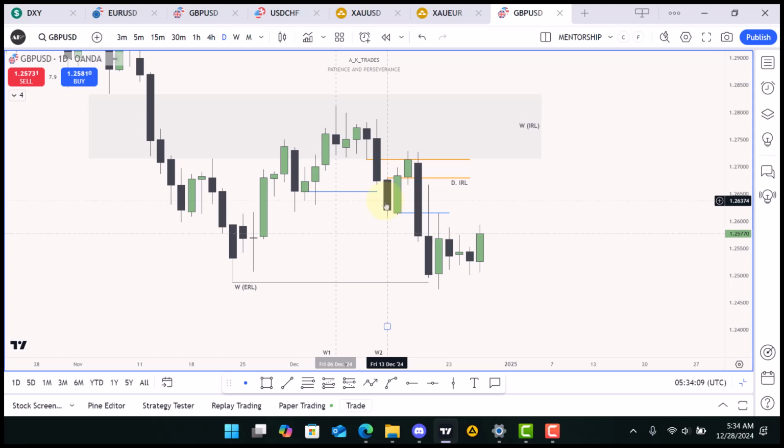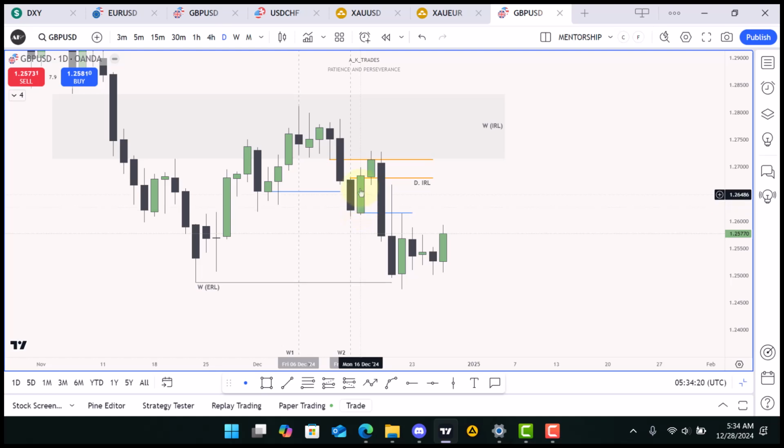So the subsequent week, that is week two, this is where I'll be looking for my trade towards the weekly external range liquidity. So let's see what happened. On Monday, when the change in state of delivery was formed, a daily internal range liquidity was also created. So on Monday, Monday's candle tapped into the daily internal range liquidity.